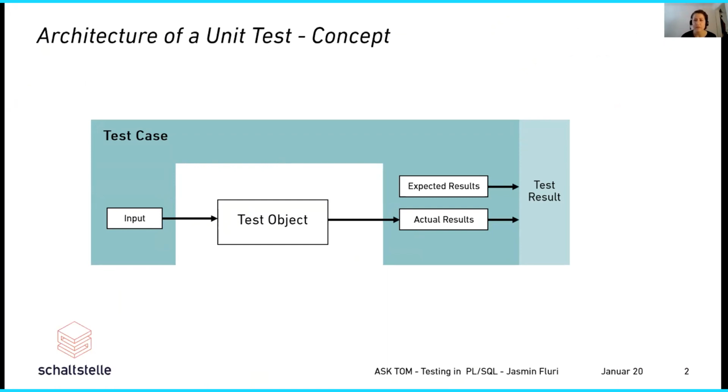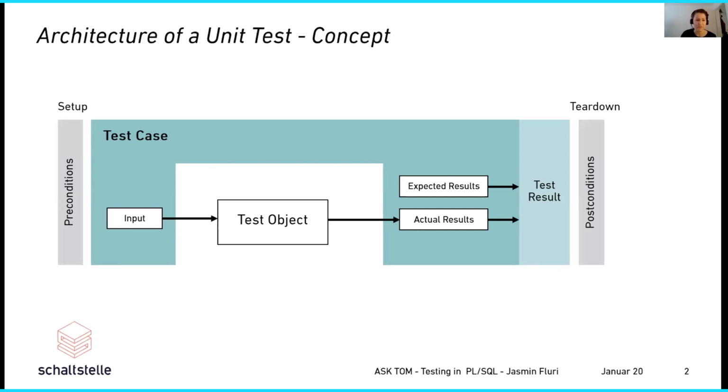Those actual results we can then compare in the assert statements with our expected results, which gives us the test results. The test case is wrapped by preconditions and postconditions. It's the setup and teardown functionalities, as Dee showed. They're also called the before each, before all, and after all statements that are executed before or after the test cases.